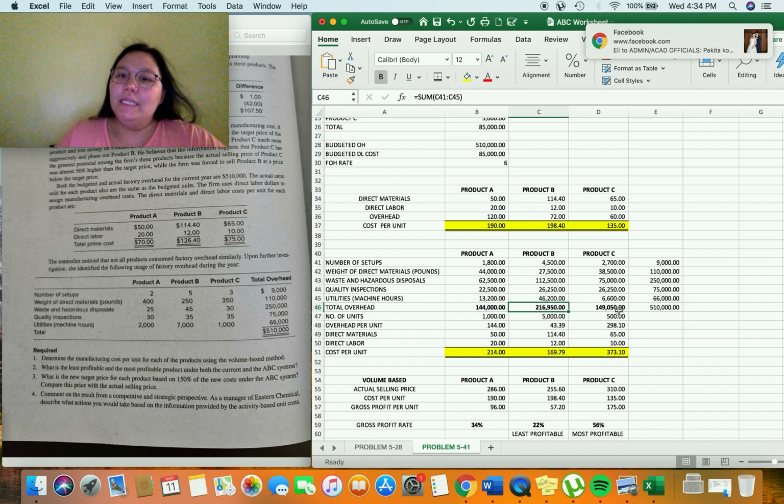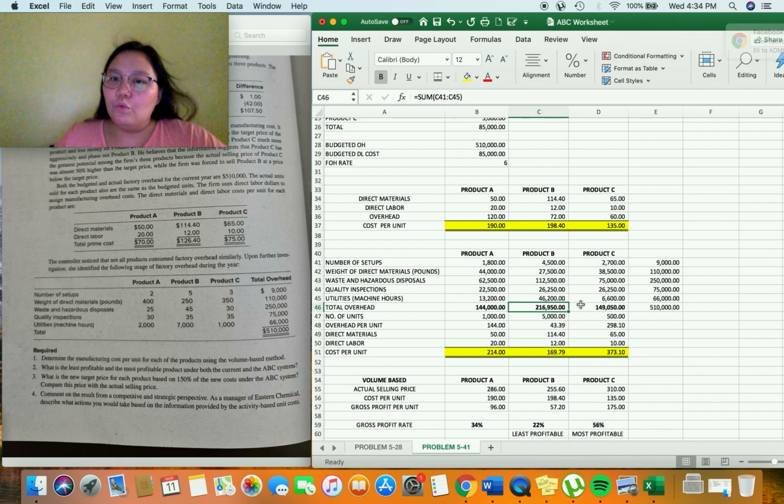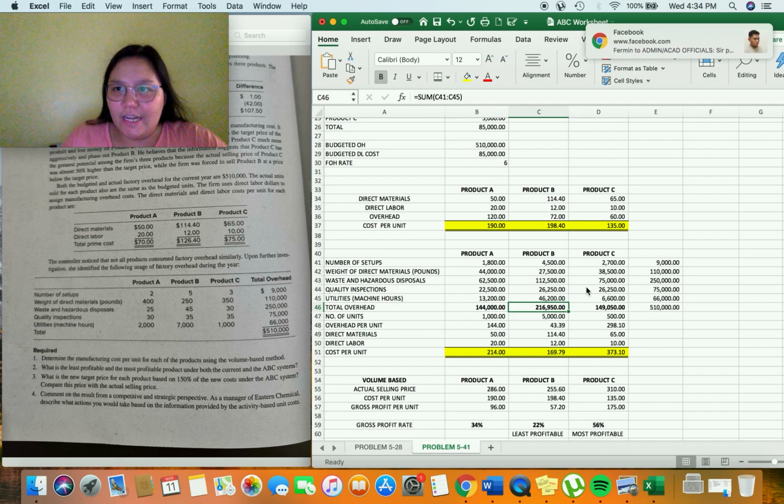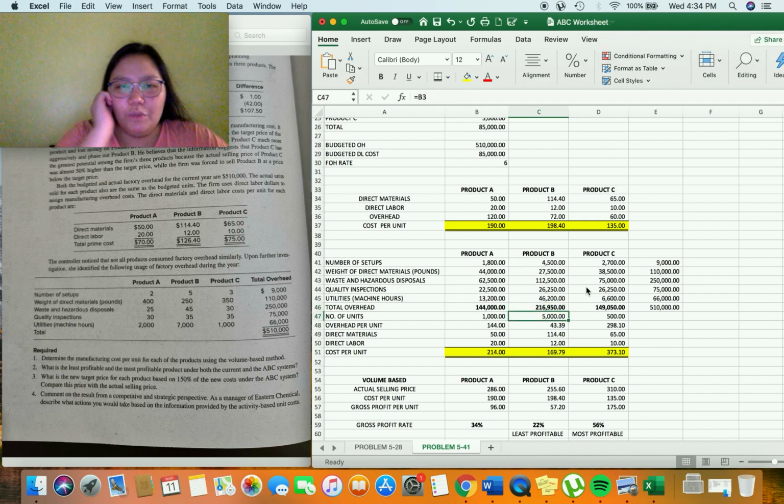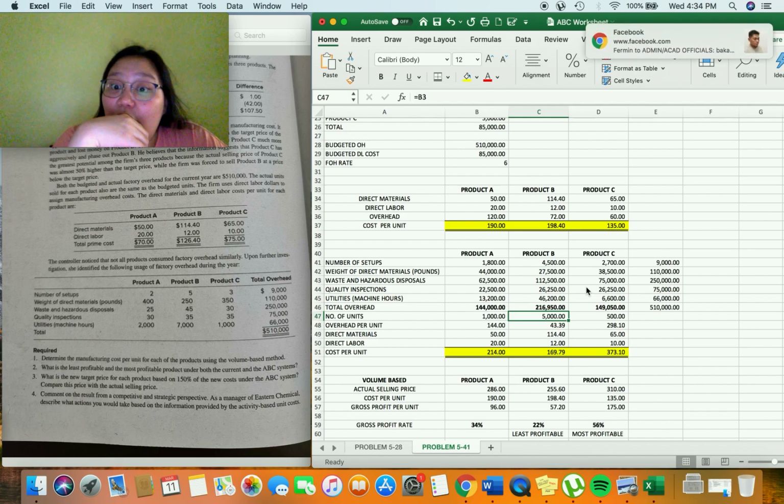Si product B, 216,950 yung total overhead na nai-incur natin sa kanya. Pero, yung number of units that we manufacture out of this 216,950 overhead cost is 5,000 units.